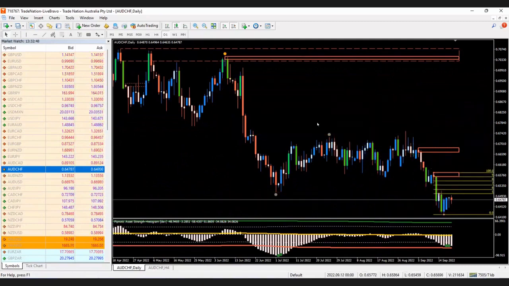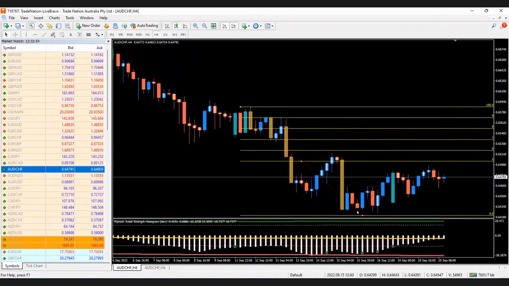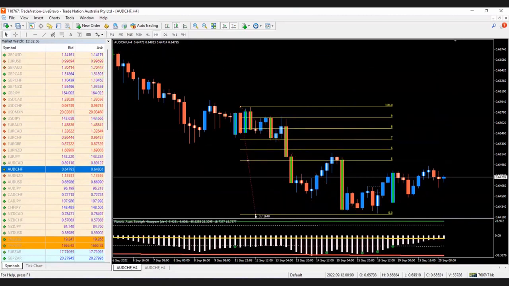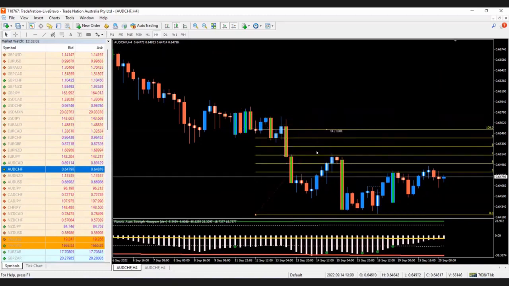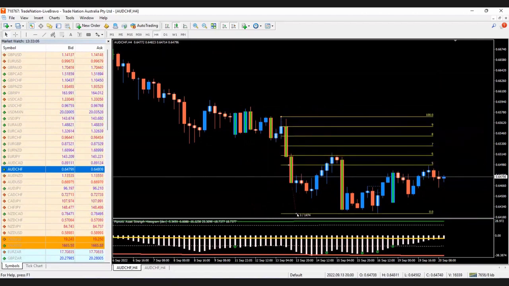So we'll go to the 4 hour here, like so. Okay, notice again here. Let's go from here. This is where it started right there. So this is maybe an untraditional way to draw fibs, but we're not drawing fibs for their ratios. We're drawing fibs for the zones.